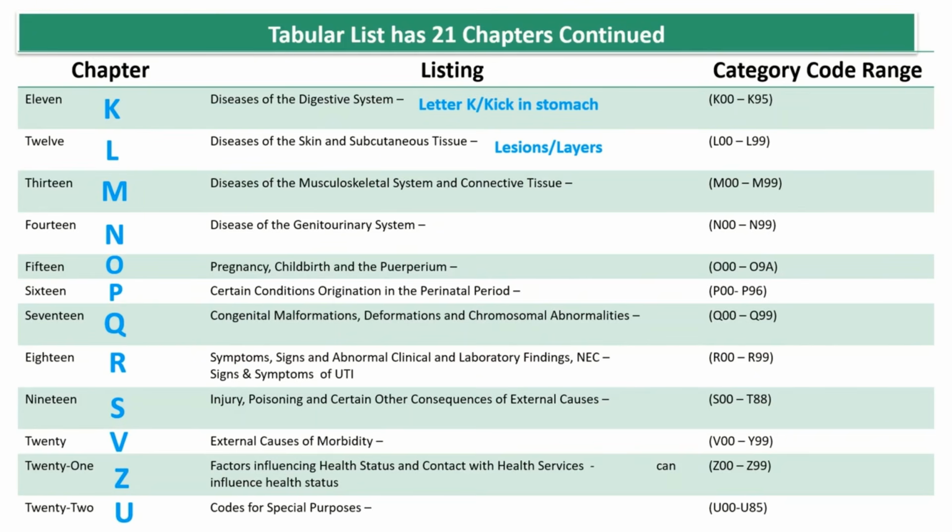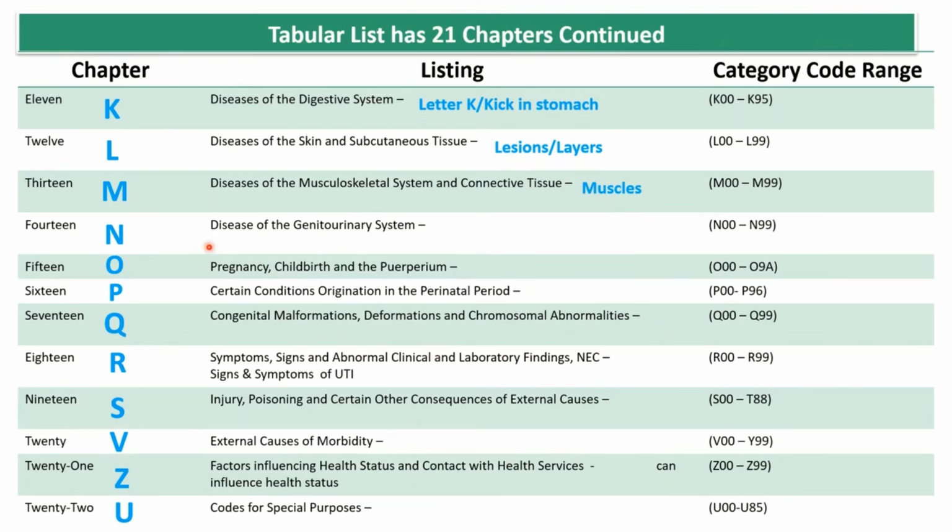Chapter 13, diseases of the musculoskeletal system. Diseases that involve the musculoskeletal system begin with the letter M. M00 through M99. When we think of the letter M, we think of muscles for Chapter 13 diseases.